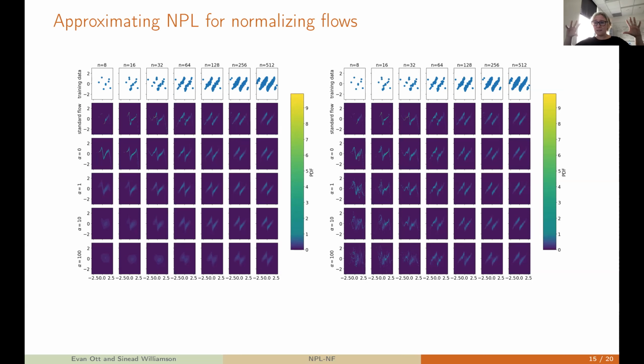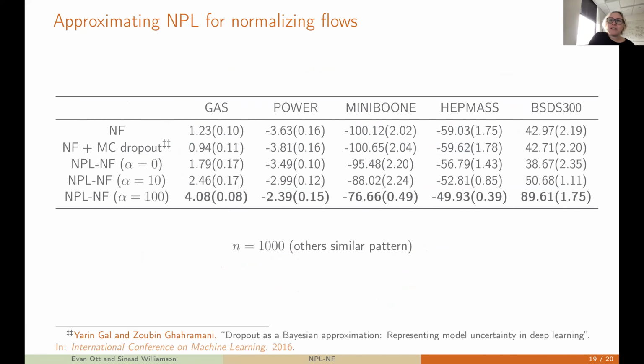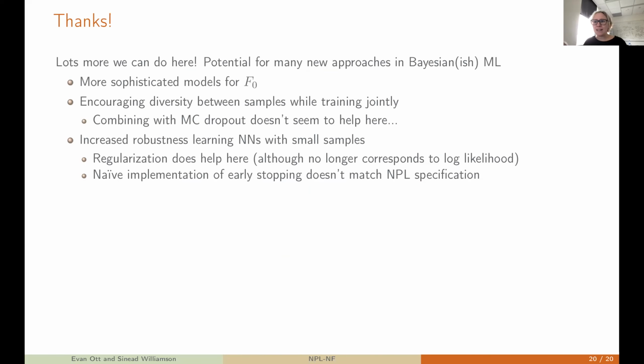We're inherently coupling some of the parameters across these samples, which isn't going to let them be as different as they could be. We did explore some approaches to adding diversity, right? We'd hoped using MC dropout would help here, but it turned out it didn't. But I think it'd be nice to see how we can do something approximate that still pushes them apart closer to the independent case.